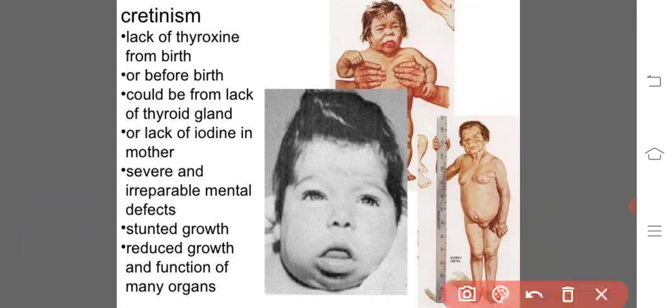It is due to the lack of thyroxine from birth or before the birth. Could be from lack of thyroid gland sometimes, or lack of iodine in mother. Severe and irreparable mental defects, stunted growth, reduced growth and function of many organs.